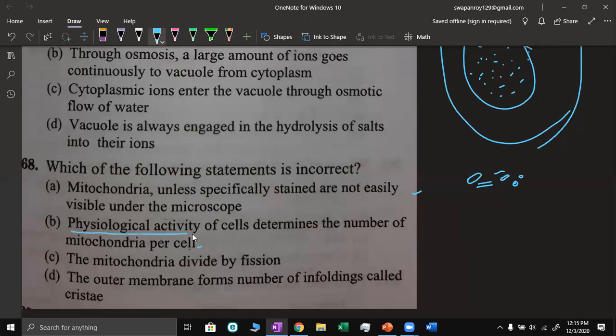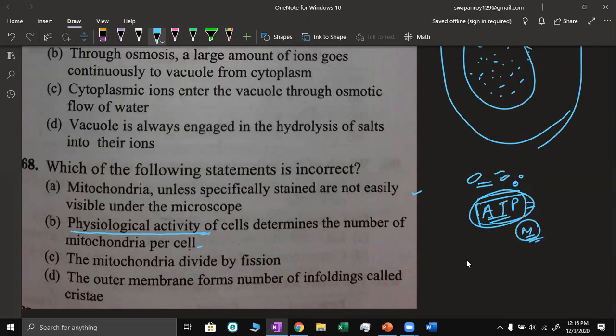If the physiological activity is very high and requires energy, ATP, and ATP is synthesized by the activity of mitochondria. So more activity, more ATP required, means more mitochondria will be there. Cells that are very less active have very few mitochondria.